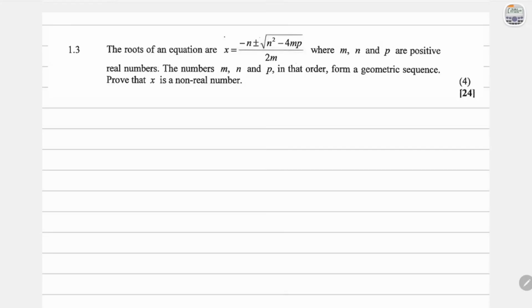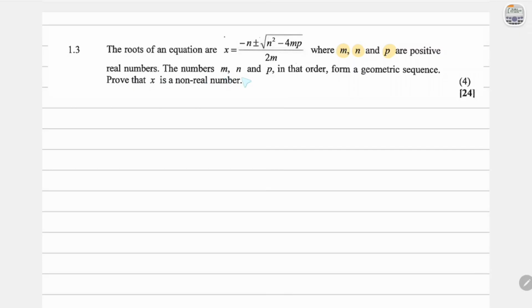Question 1.3 says, the roots of an equation are x is equal to negative n plus minus the square root of n squared minus 4mp, over 2m, where m, n, and p are positive real numbers.